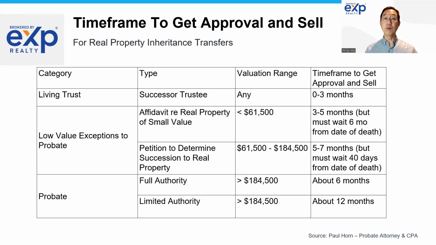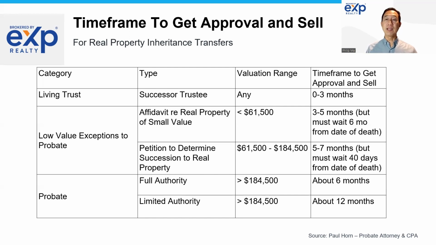What's needed to get the approval to sell this property is what's called the affidavit regarding real property of small value. That affidavit has to be filed in a local probate court, and it usually takes 3 to 5 months to get the approval and to sell that property.